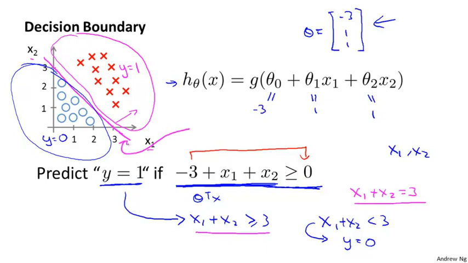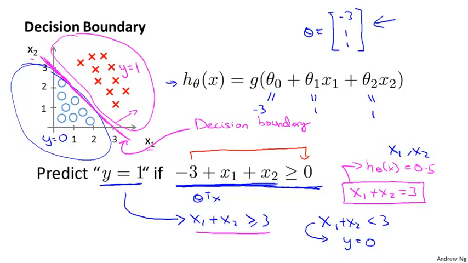This line there is called the decision boundary. And concretely, this straight line, x1 plus x2 equals 3, corresponds to the set of points, so that corresponds to the region where h of x is equal to 0.5 exactly. And the decision boundary, that is this straight line, is the line that separates the region where the hypothesis predicts y equals 1 from the region where the hypothesis predicts that y is equal to 0.